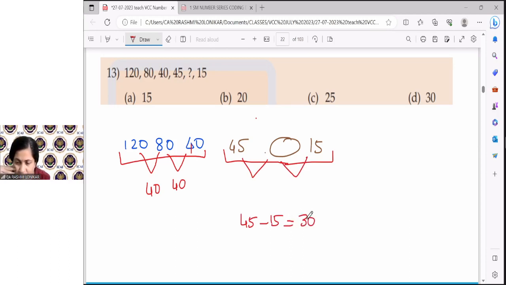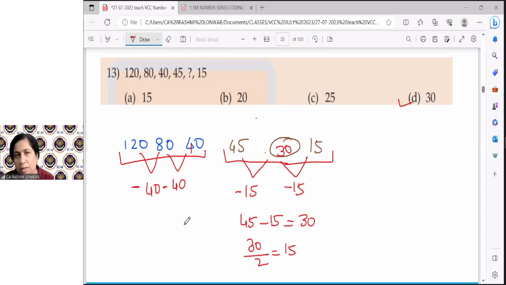This is 30, and there are two differences. So 30 upon 2, the difference is 15. So I should have a difference of 15 here and here. 45 minus 15, answer is 30. 30 minus 15, answer will be 15. So what is the answer? 30 is the answer.